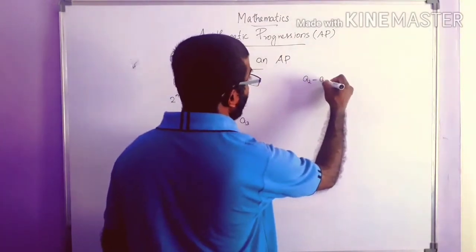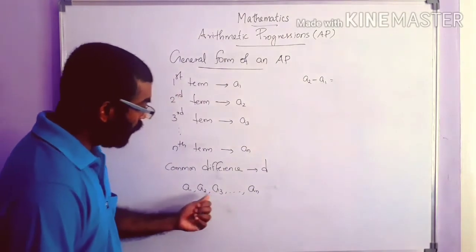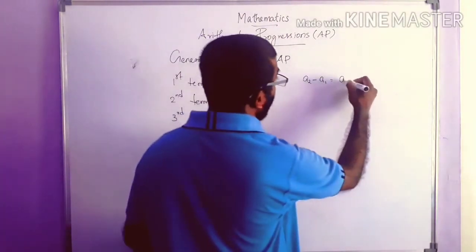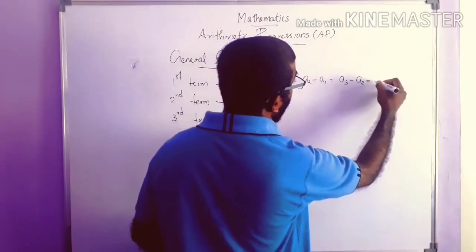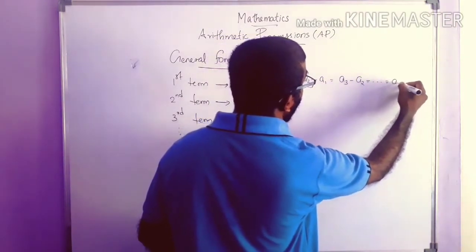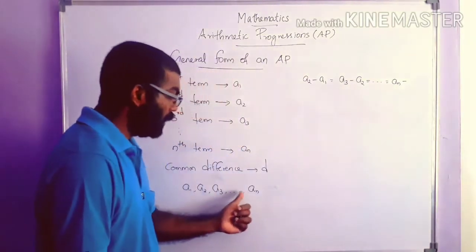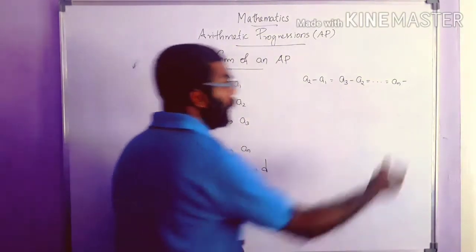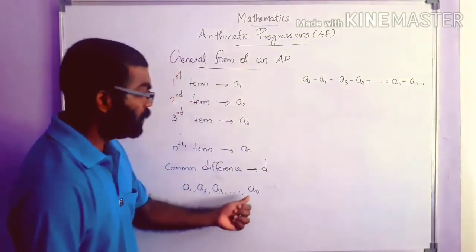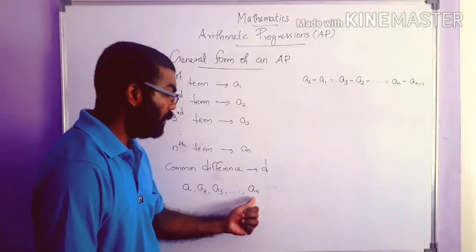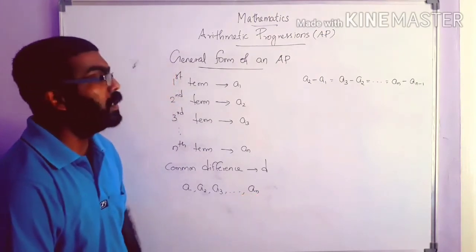Now A2 minus A1 is equal to A3 minus A2, is equal to, and so on, An minus the preceding term, which is An minus 1. The position is only one less than this term. Here it is An, so the previous term is An minus 1.